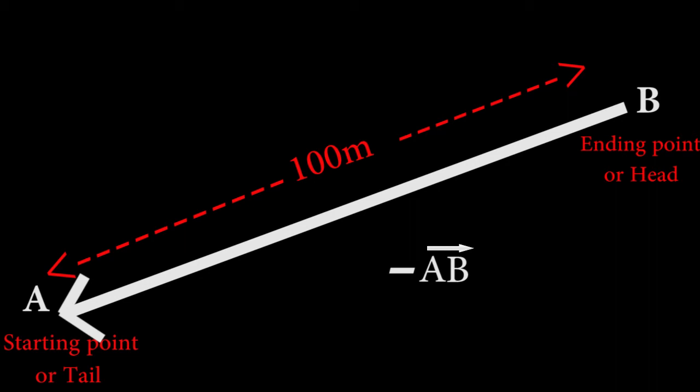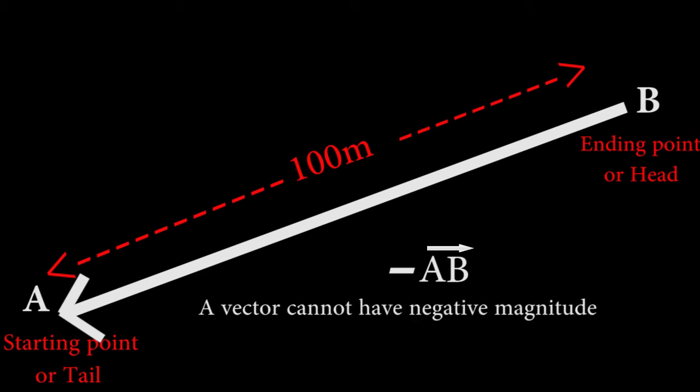Why? It is the negative direction. The person runs back towards the initial position. Therefore, the vector is in the opposite direction to the initial direction. So, its direction is negative. Magnitude is always positive. A vector cannot have negative magnitude.